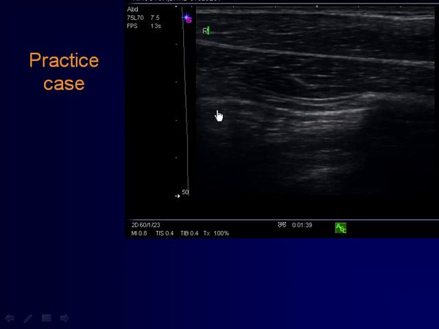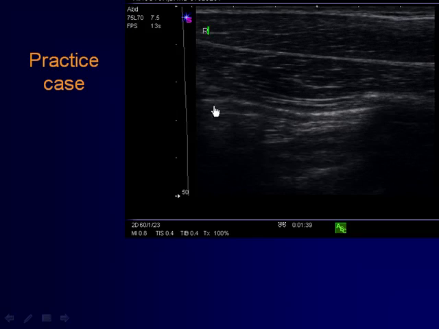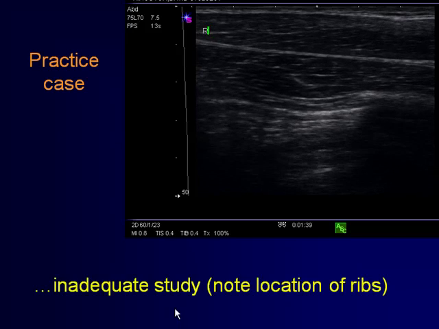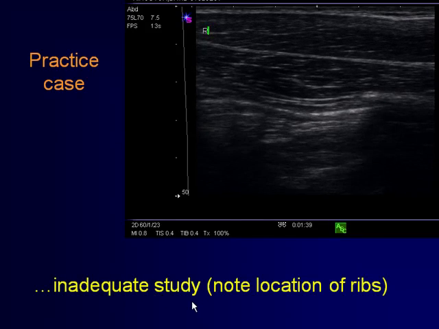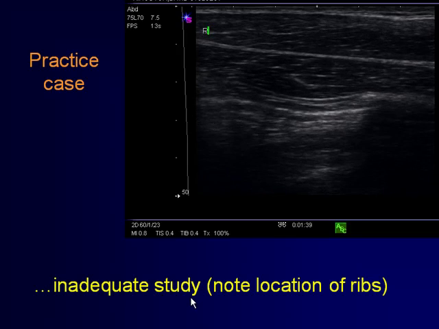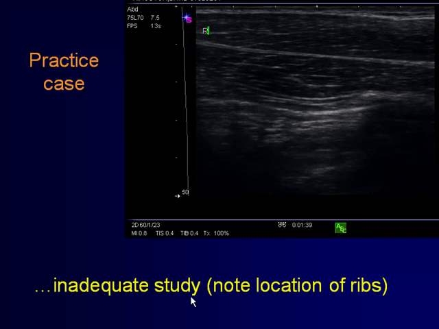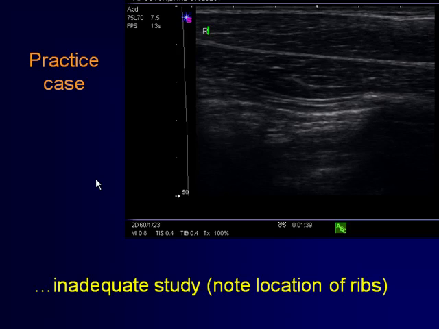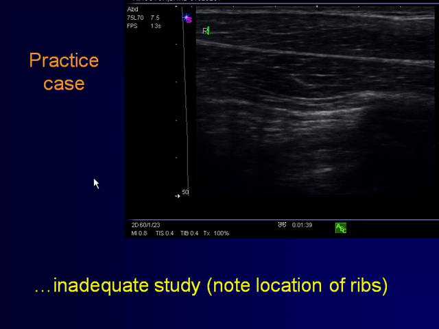It's questionable that there might be a flickering here of a lung point, but we're really not seeing a very clearly defined pleural line, and it's possible that down here we're actually looking at subdiaphragmatic structures. So in cases such as this, it's quite legitimate to say that you've had a limited or inadequate study, and proceed with your exam and look elsewhere, or document that you were unable to make a definitive conclusion based on your exam.